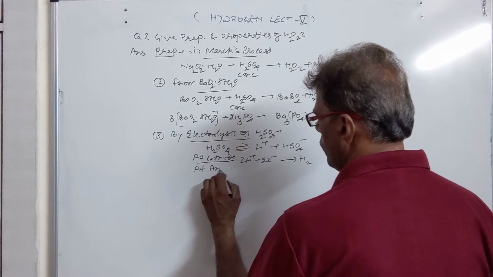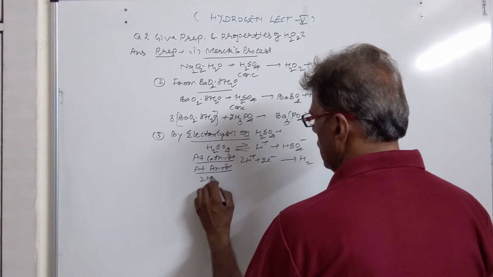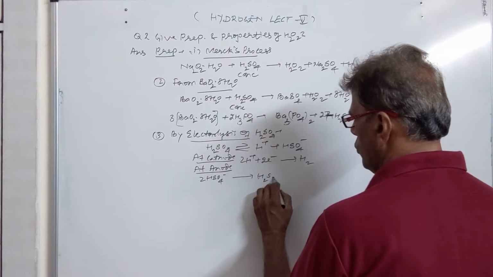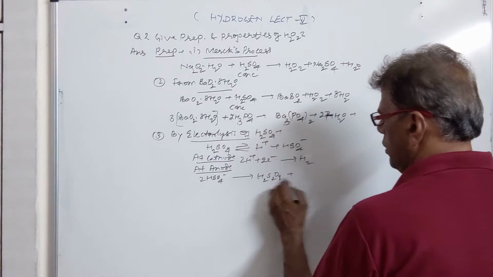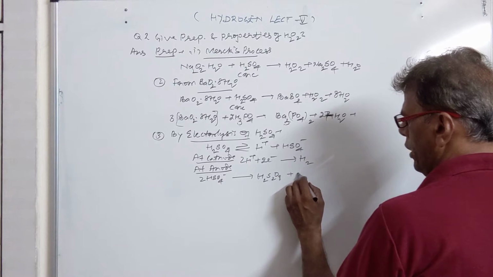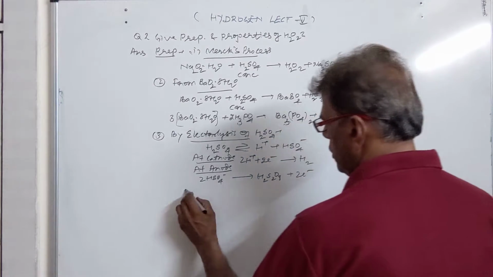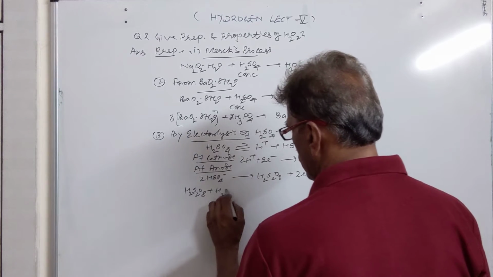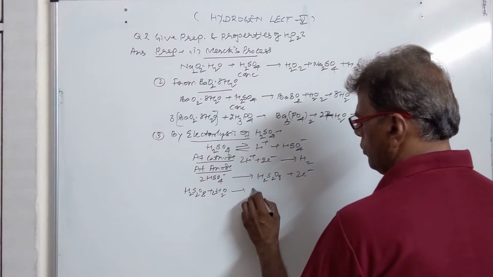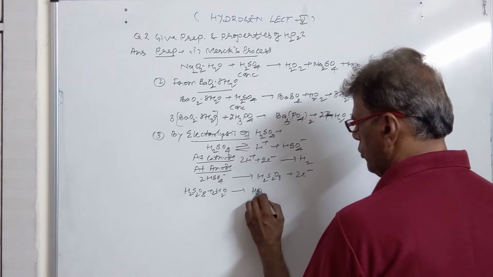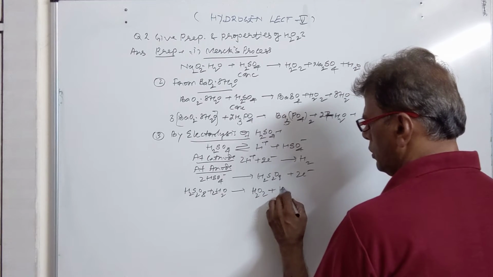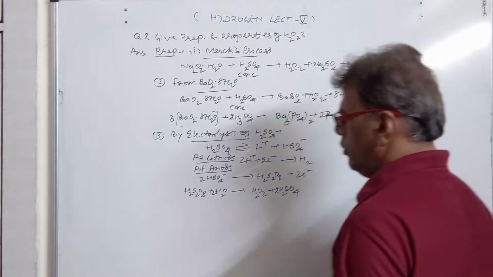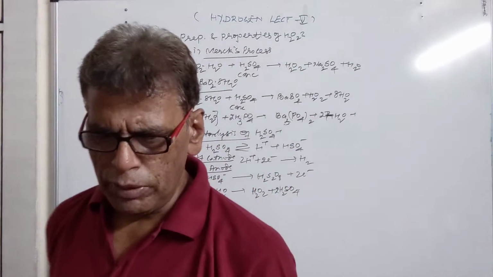At the anode: 2HSO4 negative lose electrons and come here in the form of H2S2O8, and 2 electrons are released. H2S2O8 combines with H2O to give you H2O2 plus 2H2SO4.